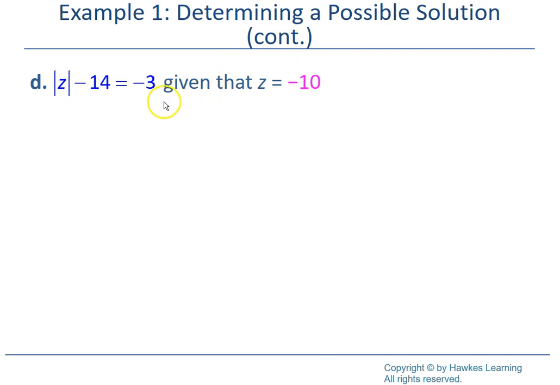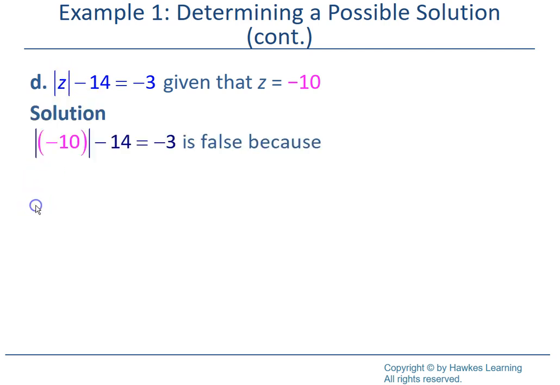Now, how about this? Is negative 10 here as a value for z? Remember, it comes out as a positive 10. Remember, the absolute value of anything is always its positive value. So this becomes 10 minus 14. This side would be a negative 4, and that does not equal a negative 3.